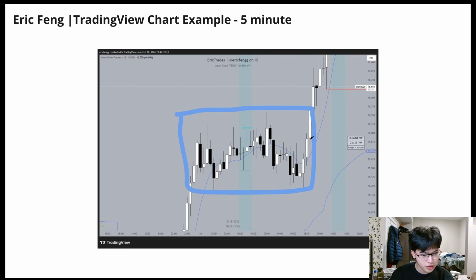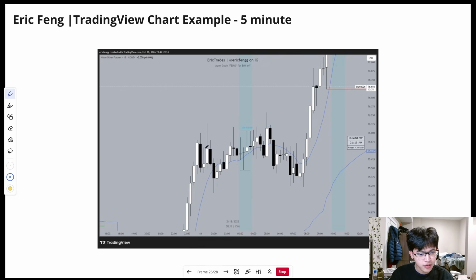And if you do try to, and you have a strategy for consolidation and choppy markets, it's probably shorting the tops and longing the bottoms. But if you try to trade the center of this, like if you try to long right here when you think it's a breakout, boom, you're going to lose. And if you think it's a reversal and you try to short down here, you're going to lose as well.